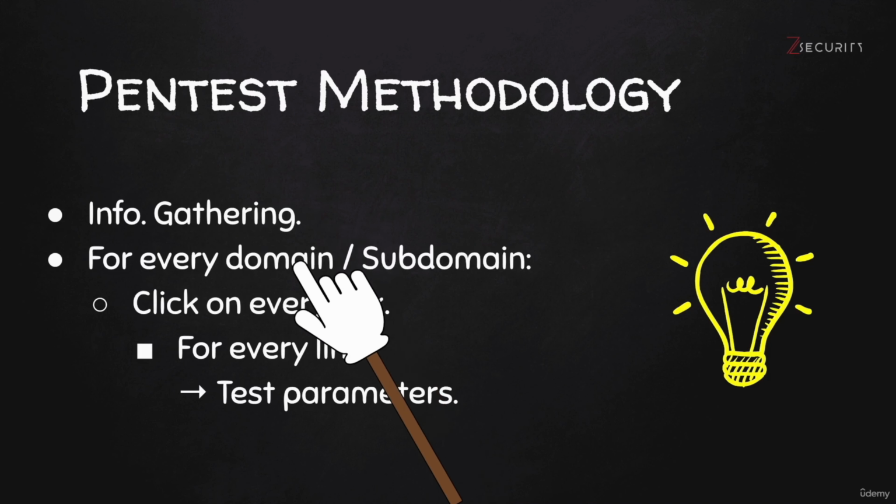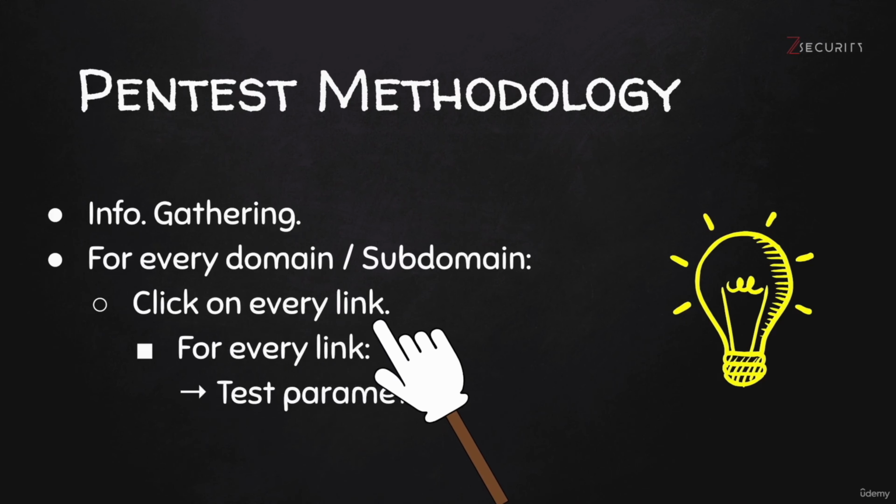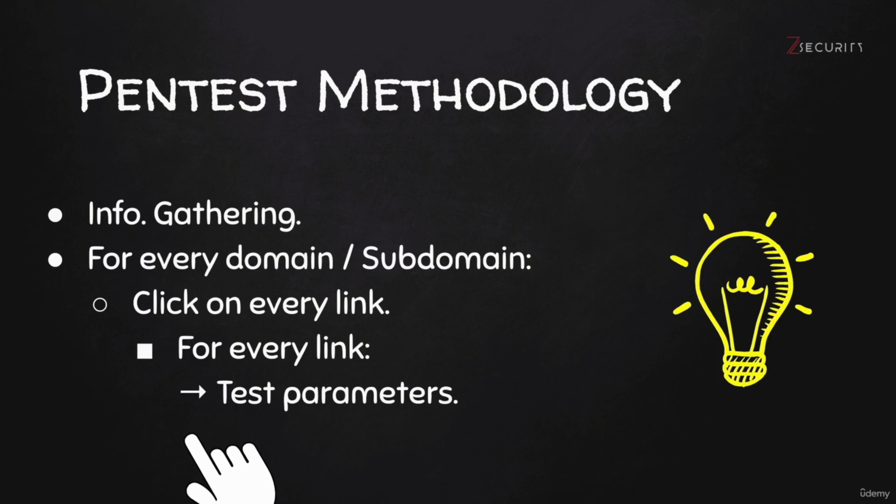And then for every domain or subdomain, we're going to click on every single link. We basically want to use every single feature of the website and get an understanding of how this website works. So when we break it, we know we actually broke this and it might be vulnerable. Then for every link, for every page that we browsed, we're going to try all of the vulnerabilities that we learned by testing the parameters in this page.